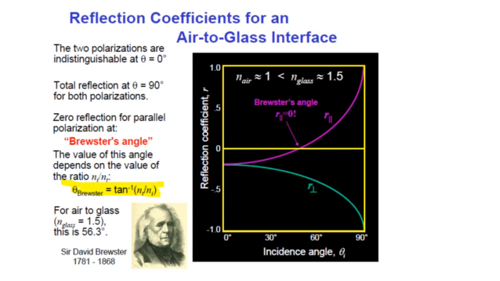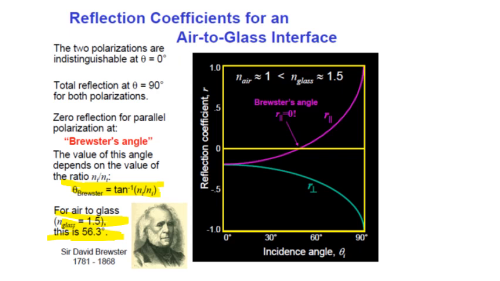So this is one of the best methods to create polarizers, to create a polarized beam, by putting the light at the Brewster angle. For air to glass, the Brewster angle is 56.3 degrees.